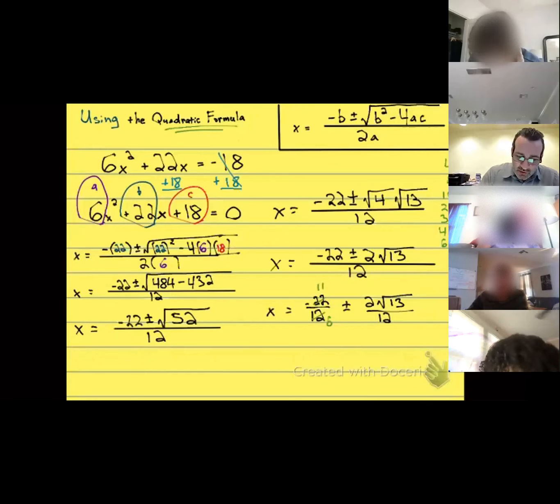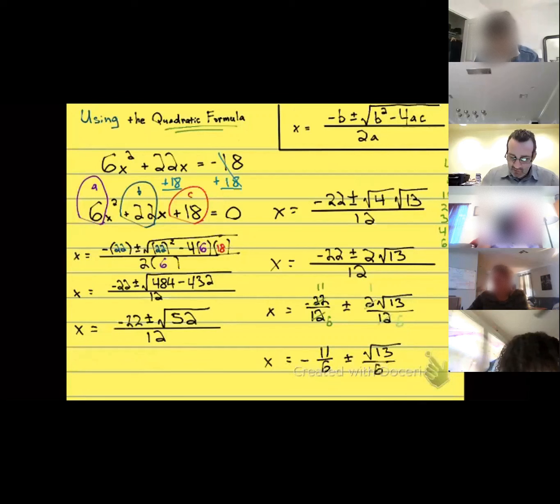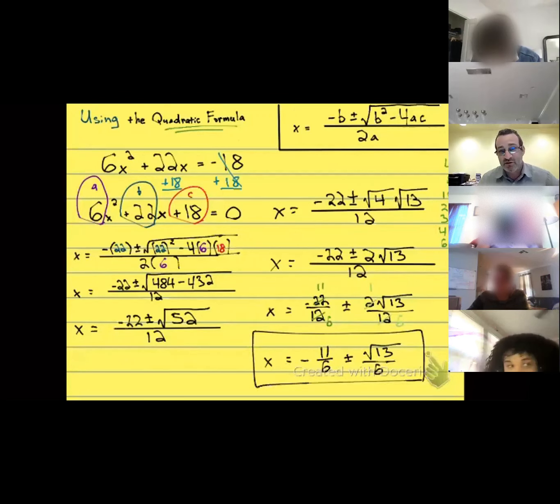Second fraction is also going to reduce. 2 goes into 2 once, 2 goes into 12 6 times. So here is my final and simplified answer. Negative 11 over 6 plus or minus square root of 13 over 6. You can leave it as 2 fractions. Because they have the same denominator, you can put them together as 1 fraction.